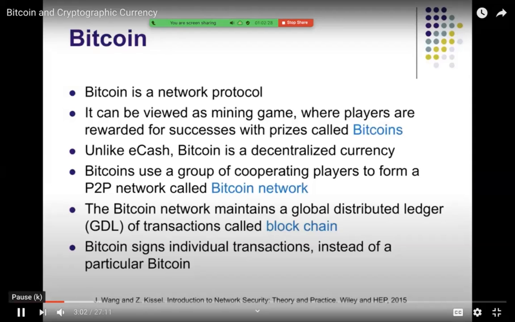Well, of course, it has to be the case that some people are willing to connect Bitcoins to real values in the real world.